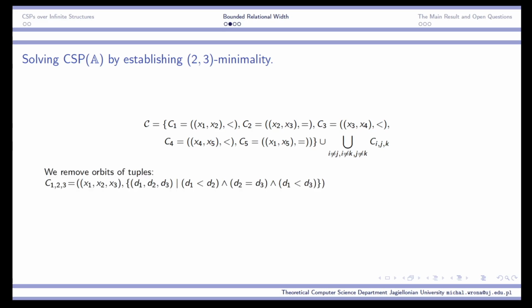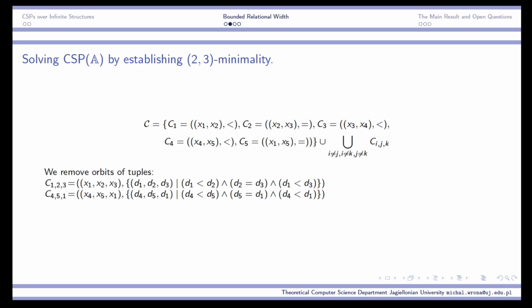So we look at the constraint C123, and we have the scope x1, x2, x3, and the relation consisting of triples d1, d2, d3. We started with Q to the third, but we can remove some tuples, right? Because we want the projections to agree, so we have that d1 is less than d2 because of the first constraint, d2 equals d3 because of the second constraint, and in consequence we have d1 less than d3.